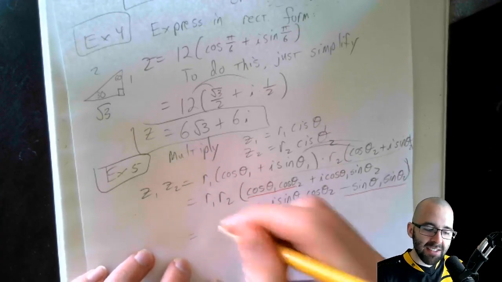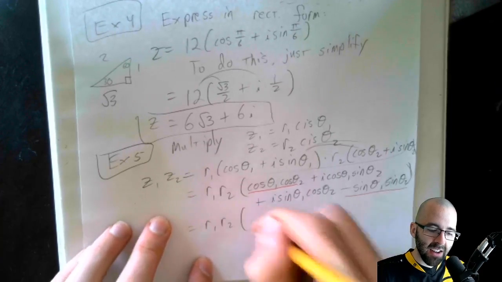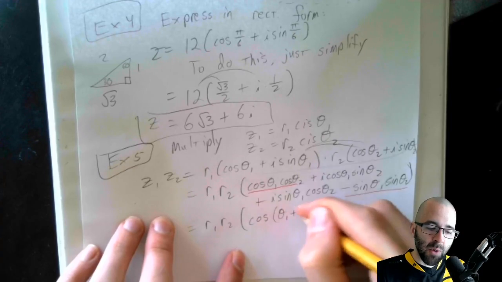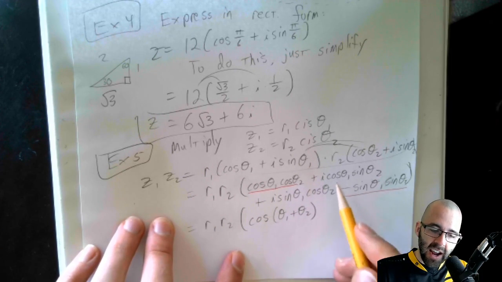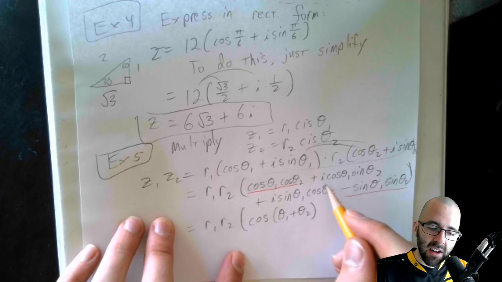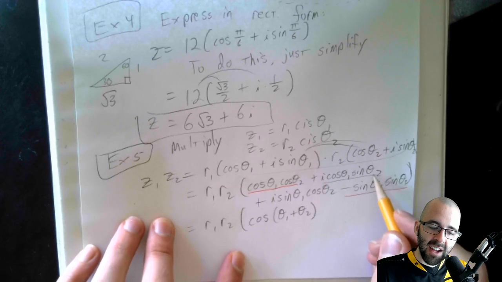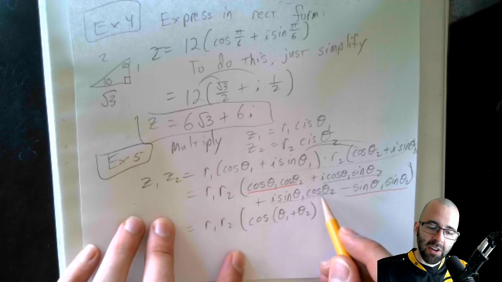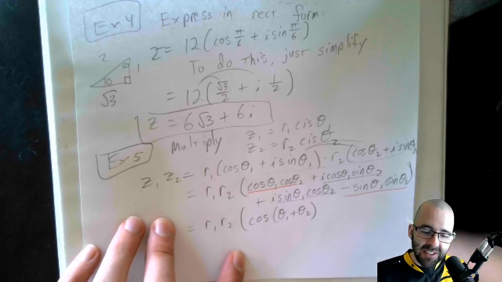What is that red stuff? That red stuff is just cosine of theta 1 plus theta 2. And then over here we have an I, cosine theta 1 sine theta 2 plus sine theta 1 cosine of theta 2. That is just the angle sum for sine.